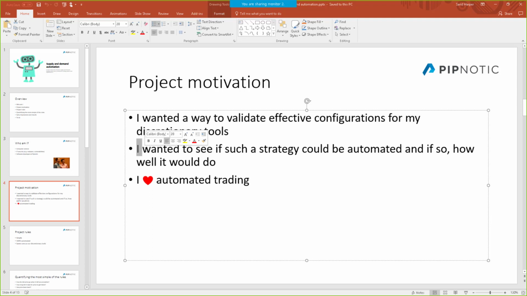So looking at the trades individually, the winners and the losers, and trying to understand why it did what it did, and maybe plan a future for the project, and maybe escalate it in some way, start another project based on that. And thirdly, I love programming and I like automated trading, so this is my key motivation. This is probably the number one motivation for me to start, of course.